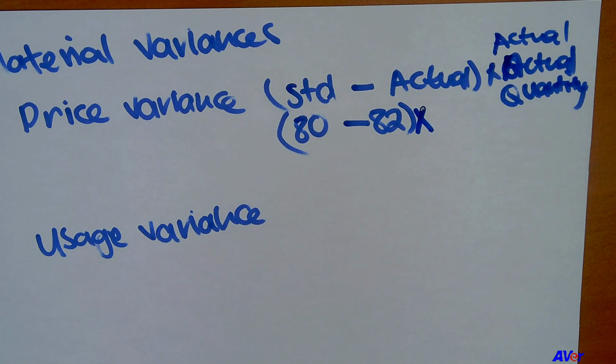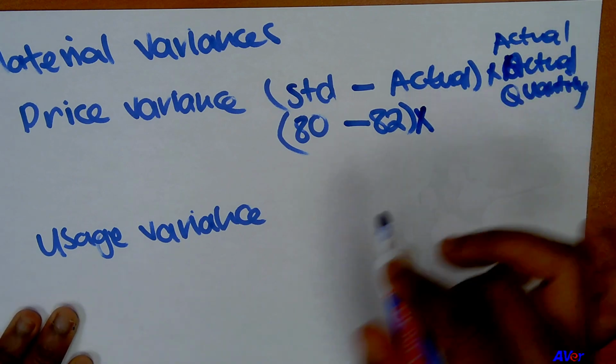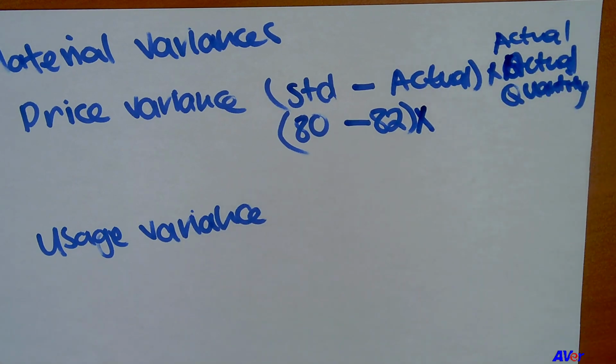Now, when you're doing this, it's a very easy calculation, but what I want you to always remember is that what is inside the bracket has a unit measure. So that's what you need to apply outside. For example, the 80 rand was per kilogram. The 82 rand is per kilogram, which means what you multiply here with should be the actual kilograms that you used.